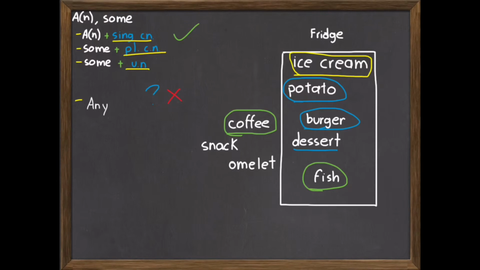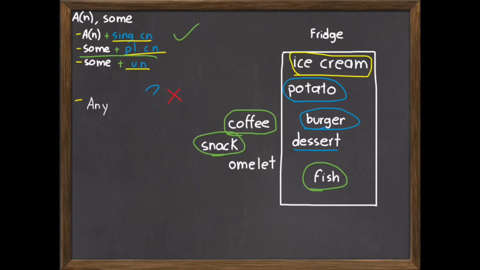Would you like some snacks? Would you like a snack? Both are correct. Why? Because in the case of snacks, well, it's a plural countable noun, like we saw here.